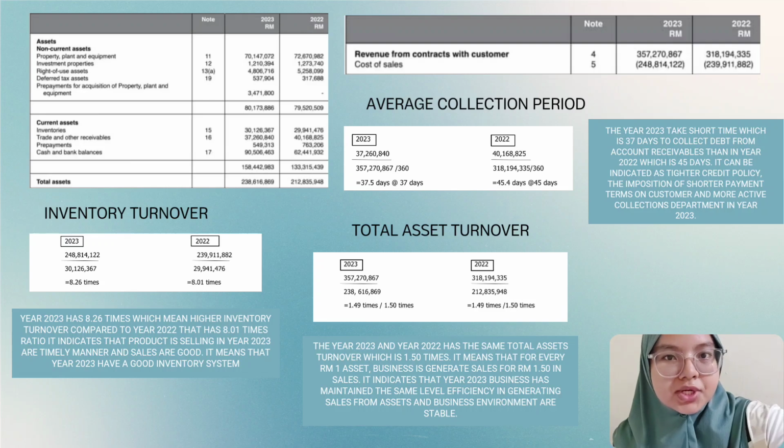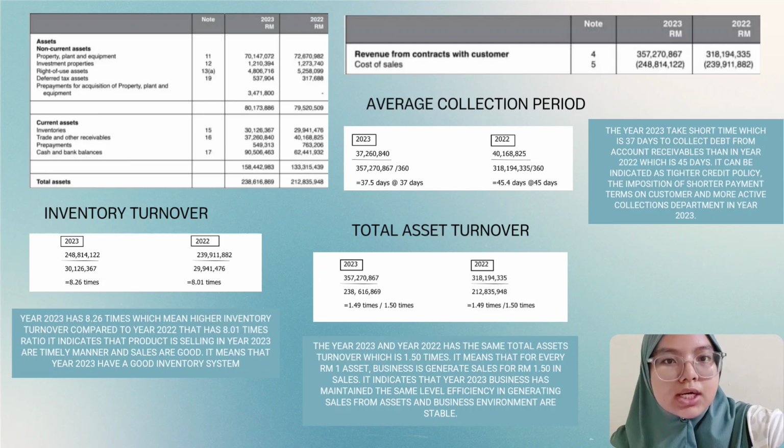For average collection period, the year 2023 has 37,260,840 ringgit Malaysia for AR, and RM357,217,867 for credit sales. First, we need to divide credit sales by 360 days, and then we divide AR by the answer that we got. So I got 37.5 days.